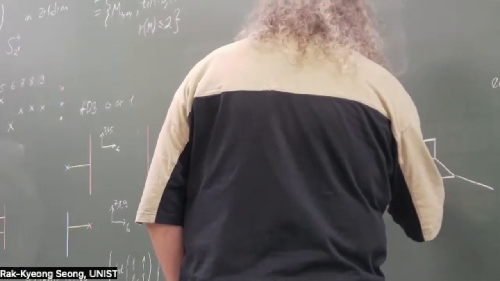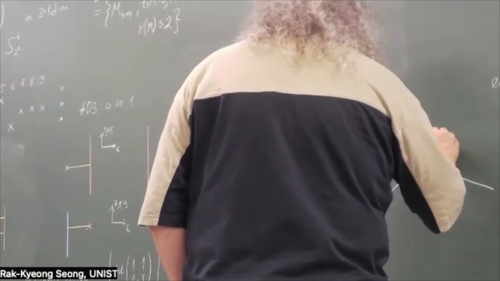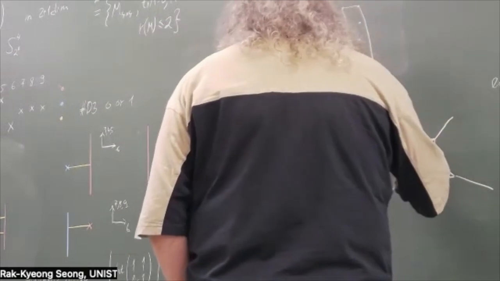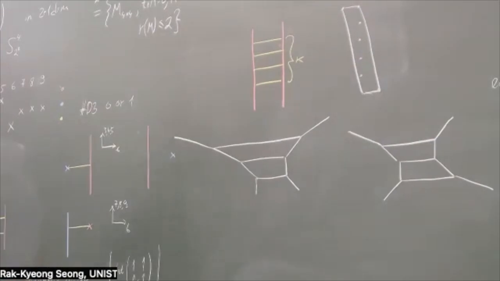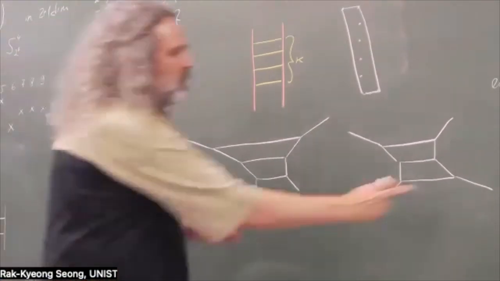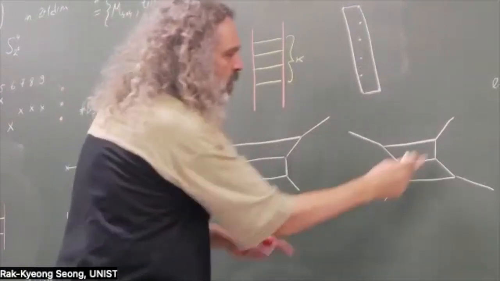Here's the parallel case. So K equals 3, that's the parallel case. This is parallel to this, and this one is parallel to this.